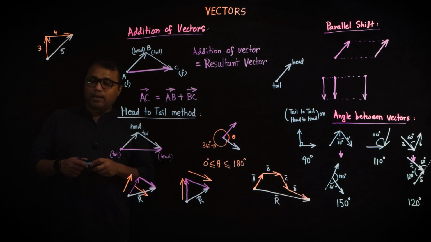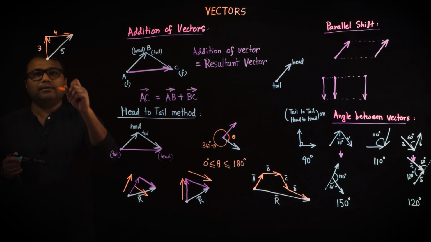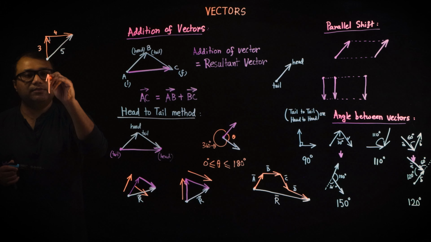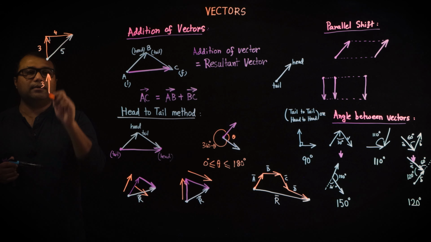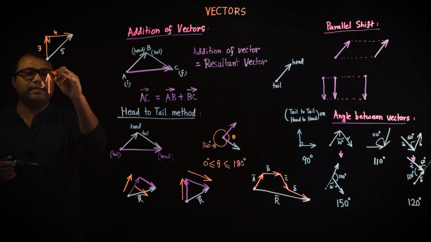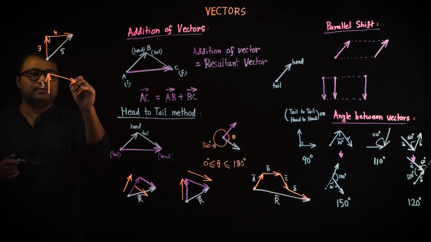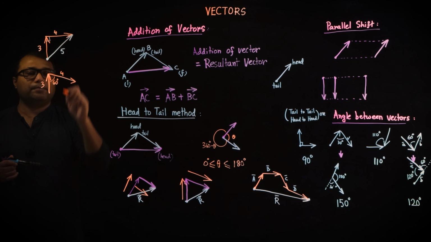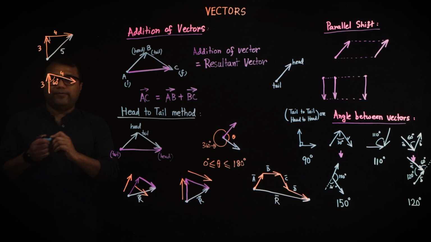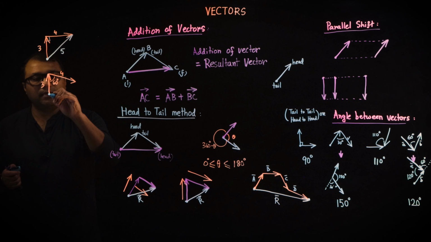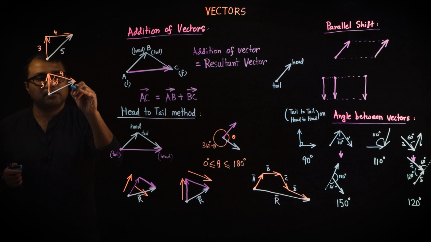Okay. Now, if I had a situation where one of these vectors was, let's say 3 like this, but now this is no more a 90 degree. Let's say instead this is a 60 degree. 4. Of course, we can find out the resultant vector by connecting this to this.